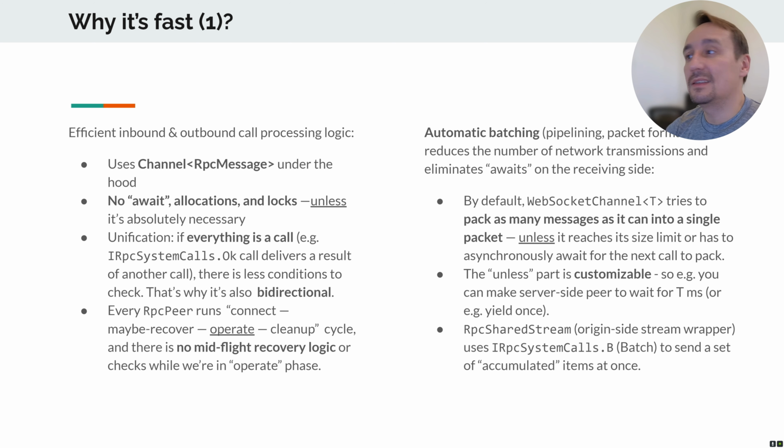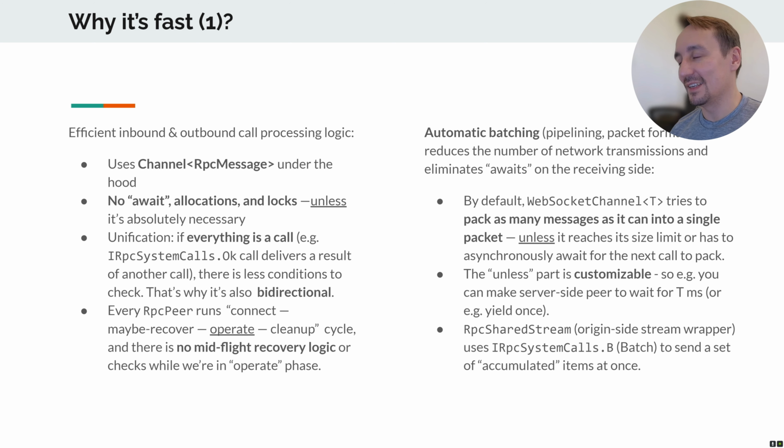There is also one nice unification. Everything that the protocol can deal with is a call. Some calls are one-way calls. They don't require a response, and that's how RPC sends a response to regular calls.